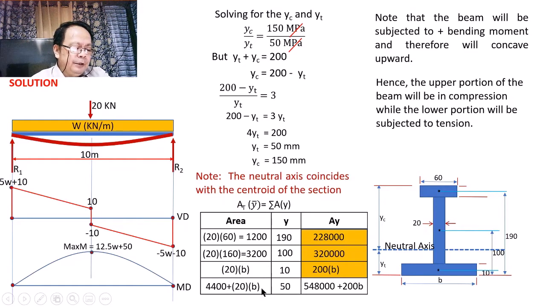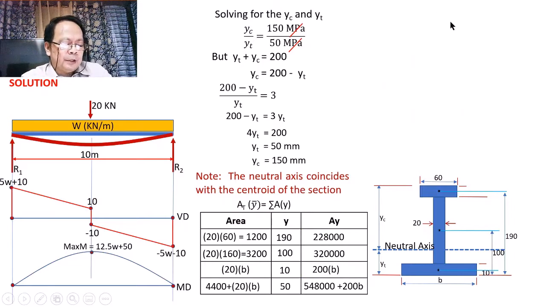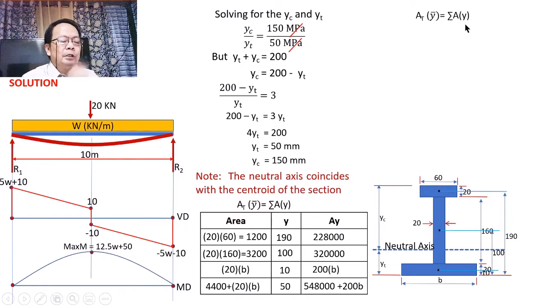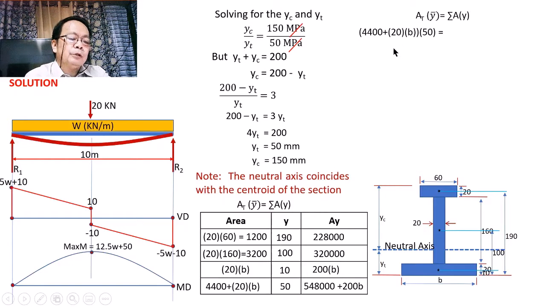Kaya if we will be applying, substituting all of this value in this equation, pakita natin ito dito. Tanggalin natin itong part na ito. Okay? So, pakita natin yan, that the total area multiplied by the centroidal distance from the reference axis shall be equal to the summation of the product of area multiplied by y. This total area is equal to this one.